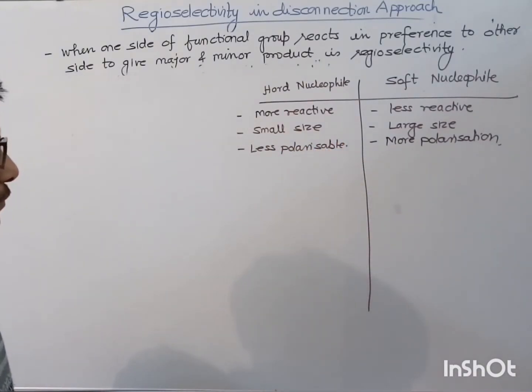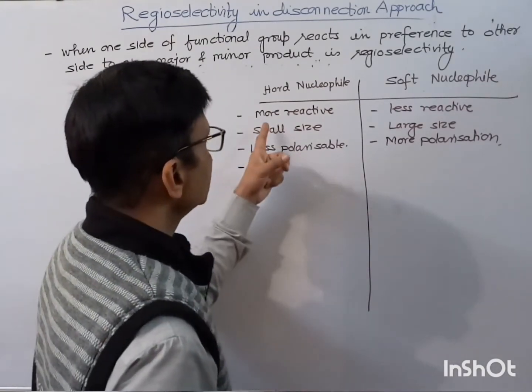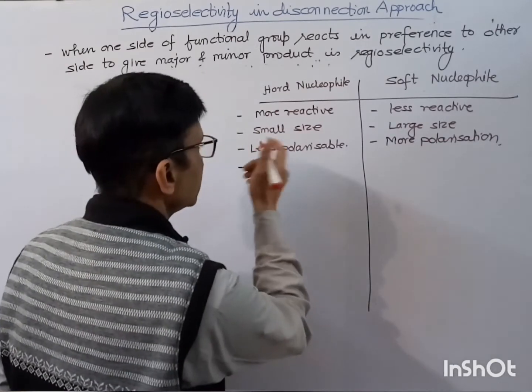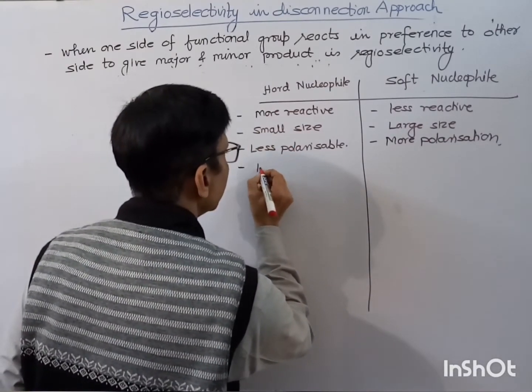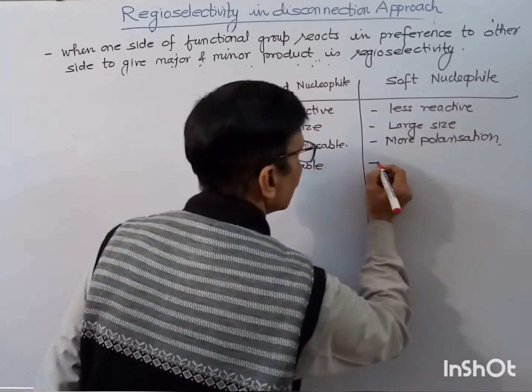As the hard one is more reactive, it would be less stable, and the soft one will be more stable.